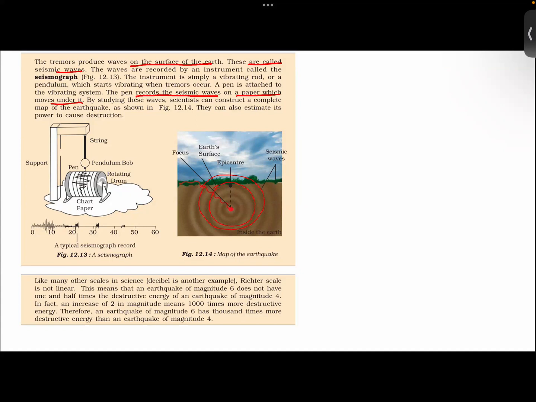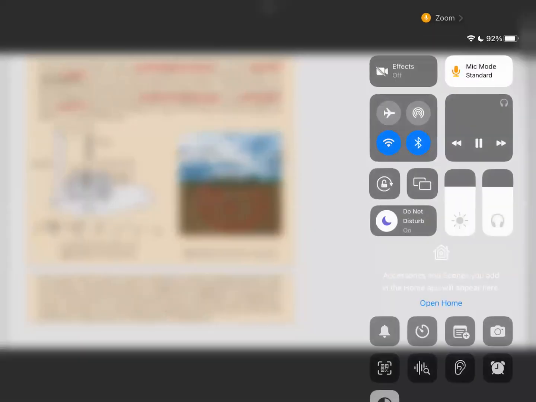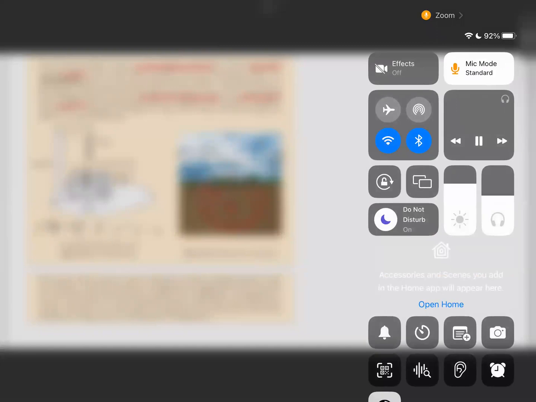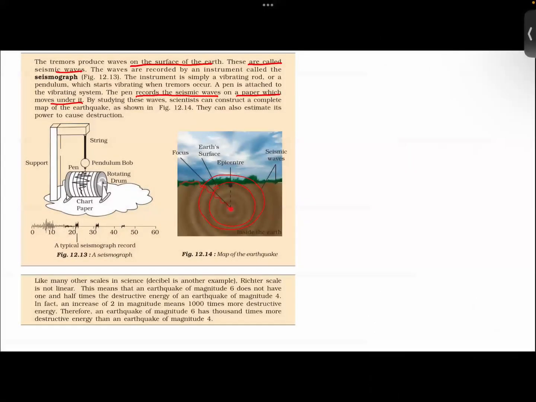Yes, sir. Okay. So one question to both of you guys, can we predict where earthquakes will occur? No, sir. Yes, sir, we can. No, Arhan, we can't predict where earthquakes will occur.